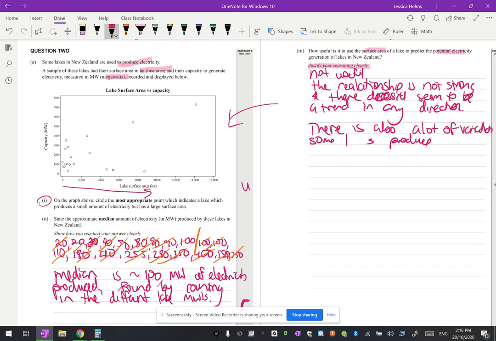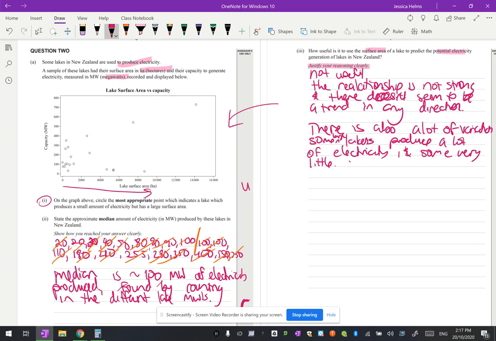They're lakes. Some lakes produce a lot of electricity, some large, and some very little. So there's no real trend there.